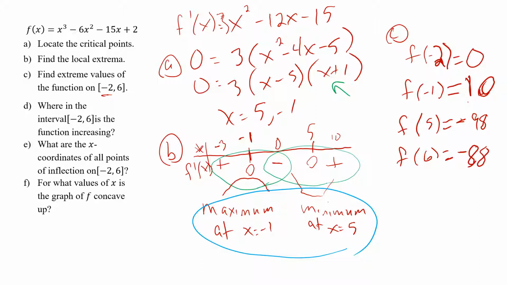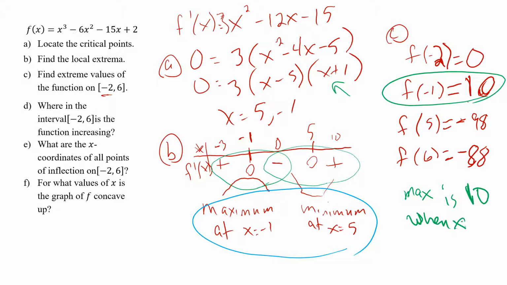So now we're looking for the extreme values. The biggest number is at -1. So the max is 10 when x equals -1.